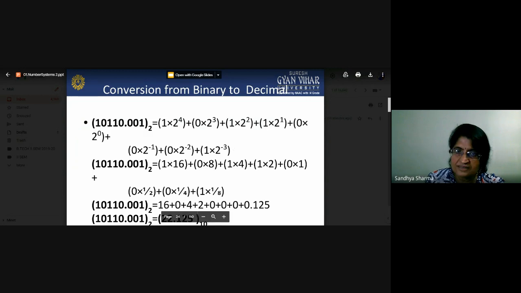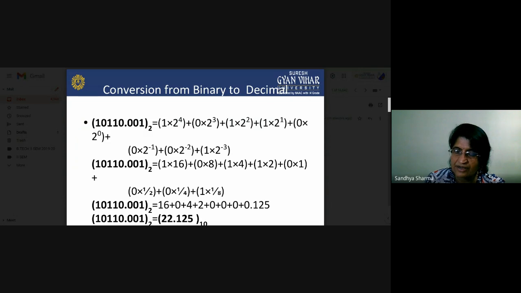Now what will happen here? After the point, this is the fractional point, there are 0, 0, 1. Now you have to change the multiplication: you multiply by 2 to the power minus 1, minus 2 and minus 3. That is a different multiplication factor.